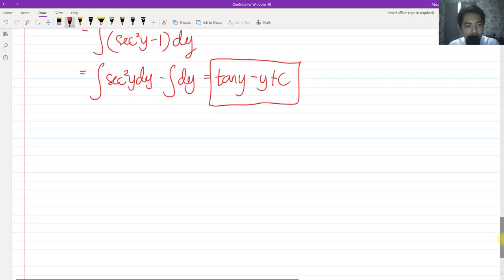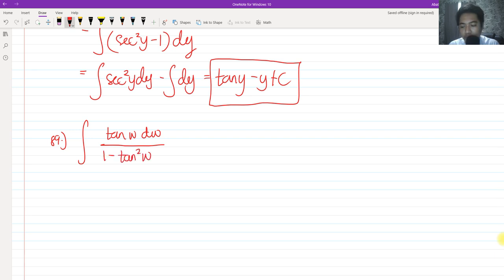So, for number 89, second to the last, we have the integral of tangent of w dw all over 1 minus tangent squared w. The very first thing we're going to do here is use an identity on this and also on this, because we cannot directly integrate this.